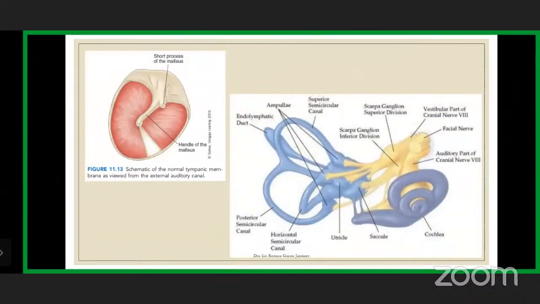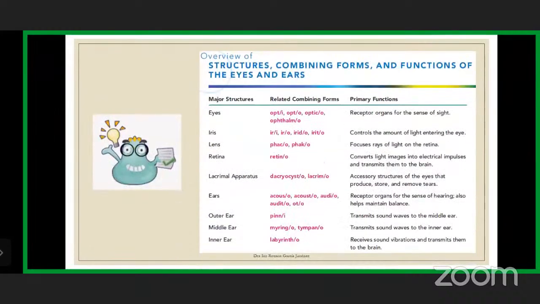Now we have the schematic of the normal tympanic membrane, seen through the external auditory canal. And we have all of this structure with details. Okay, so let's go ahead.